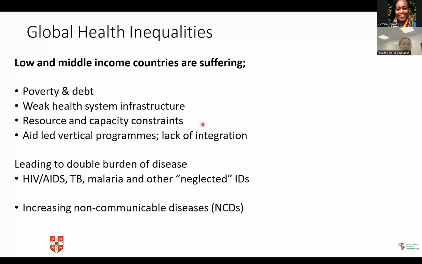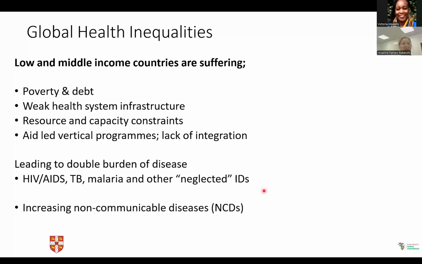Resource and capacity constraints, aid-led vertical programming. So, for example, HIV has got much more share of the pie than other diseases such as malaria and non-communicable diseases. But there is interaction between these diseases. So HIV and TB lead to greater risk of death from TB, malaria, and other neglected infectious diseases.